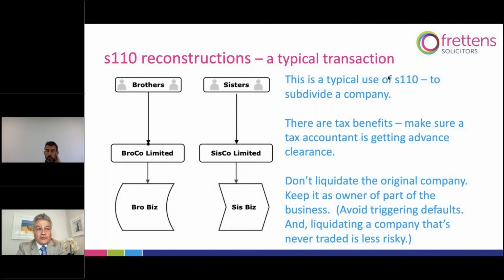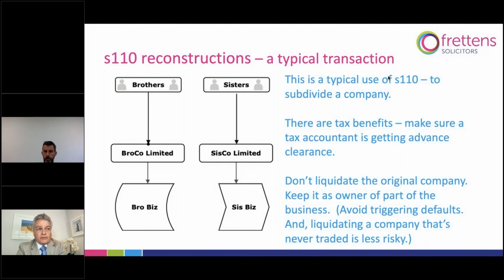transfer the business assets to a new owner, you may find that you are triggering various defaults, various breaches of covenant, and you may have to negotiate on a contract by contract basis to make sure that those defaults don't cause you a problem.